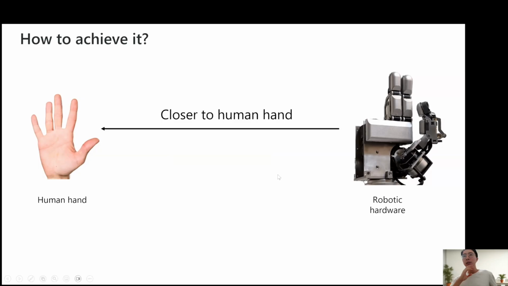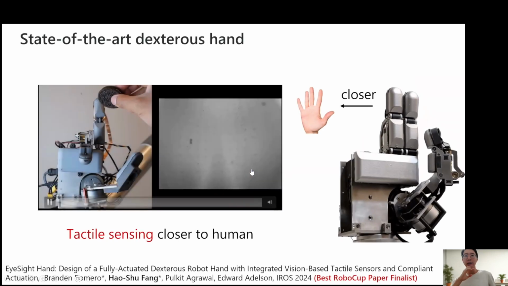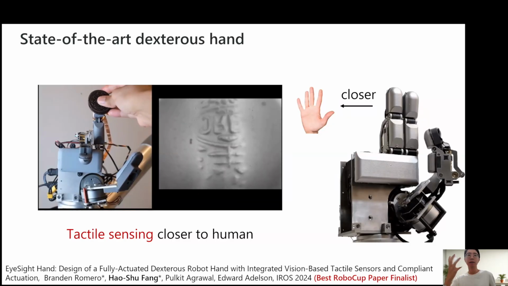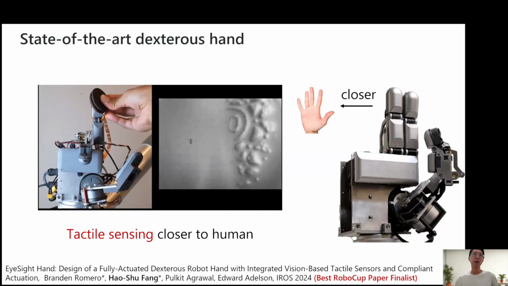So the first thing we did was to build a robot hand that's closer to the human's hand. In our recent work, Eyesight Hand, we focus on three aspects. The first aspect is we try to make the tactile sensing of a robot closer to that of the human's hand.